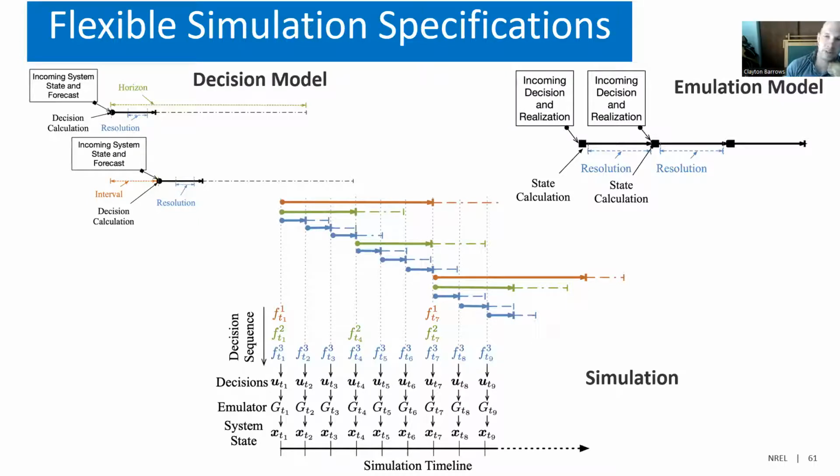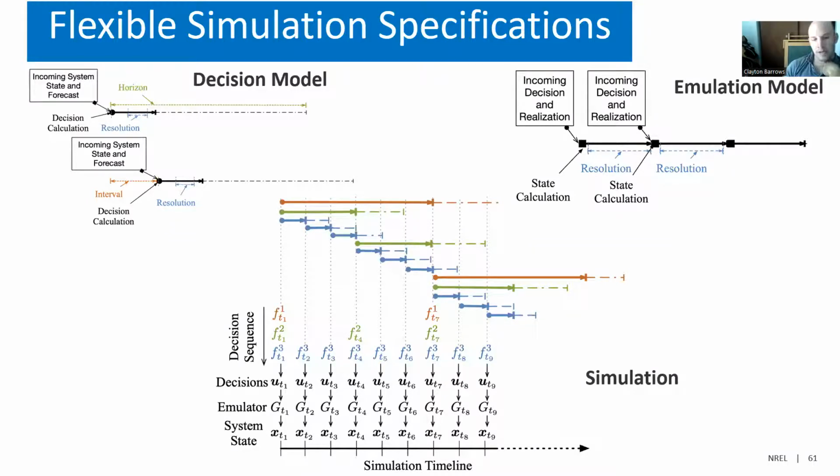And then we have this concept of an emulation model, which in principle is really emulating how that system is responding. We can use those two concepts to simulate how a grid might be scheduled and operated and respond to different types of perturbations, like disaster scenarios or forecast errors, or a number of things like that.